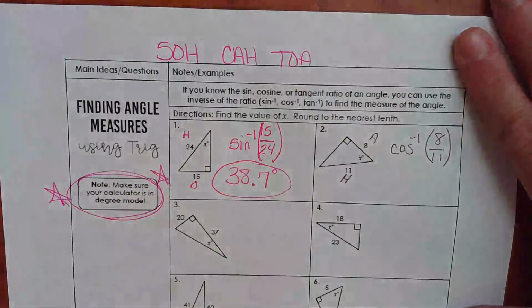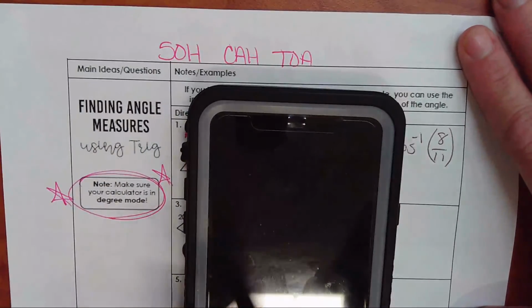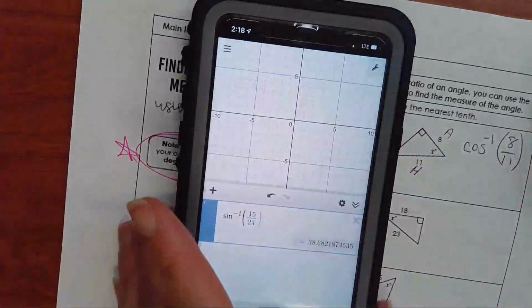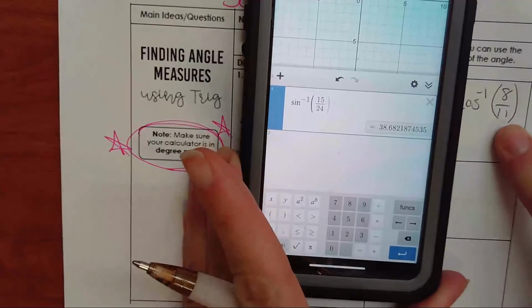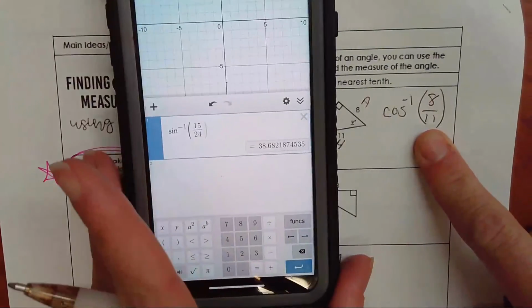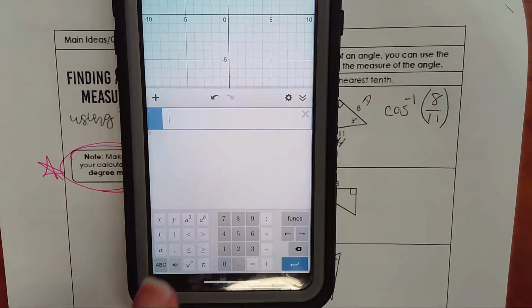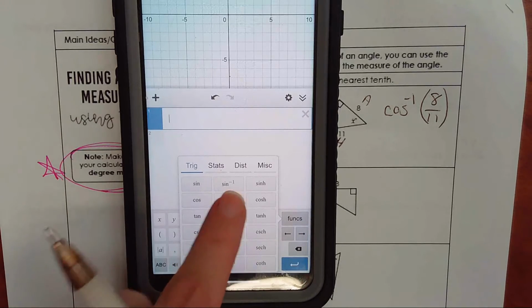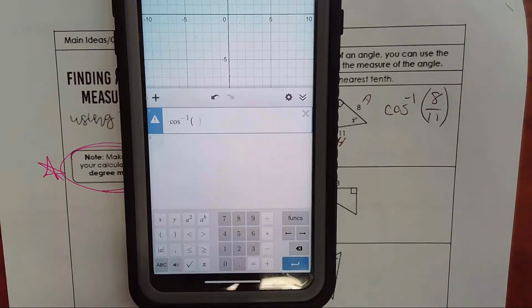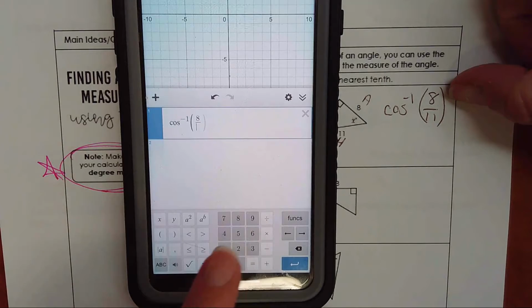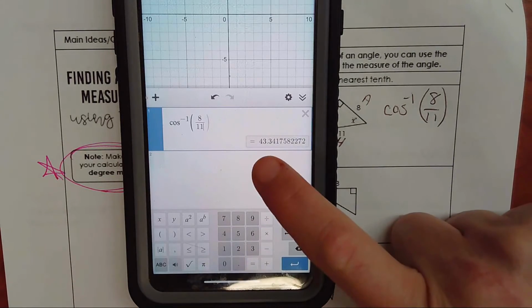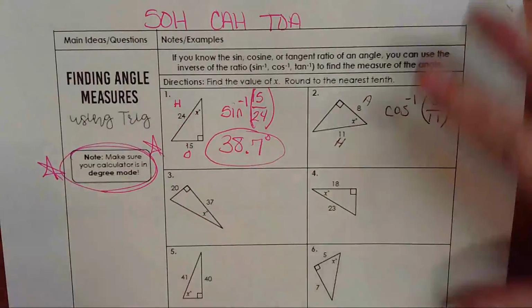Remember, you're doing the inverse. So I grab my Desmos out, and I need to plug this in now. So I go function cosine -1 or cosine inverse. And then I do 8 divided by 11, and I get 43.3 degrees.